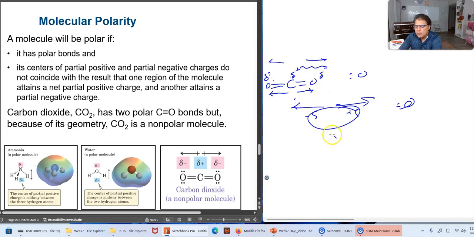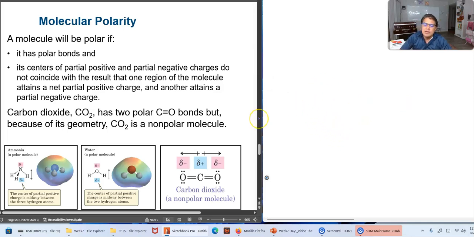But if you think about water, look at its structure: it has a red region here and a blue region here. The blue region is the positive region and the red region is the negative region. That's why this molecule has two regions, one positive and one negative, so it is a polar molecule.